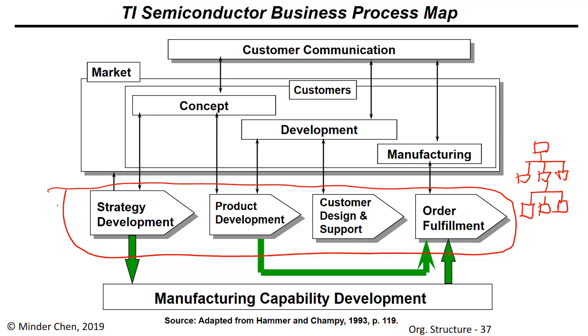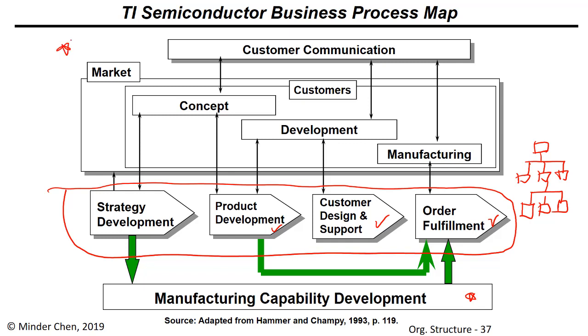including the development of strategy, development of product, and design and support customer and fulfill order. And this manufacturing capability deployment, which could be their manufacturing facility, is there to support some of these high-level business processes.